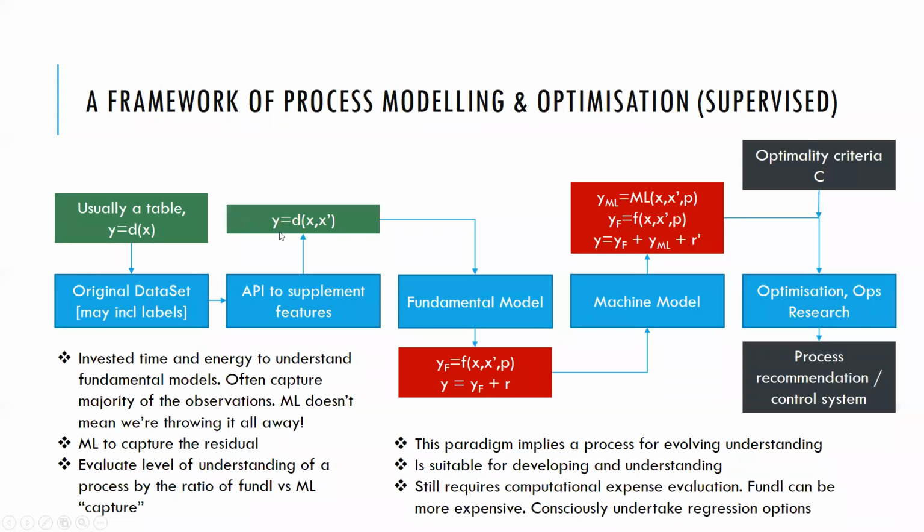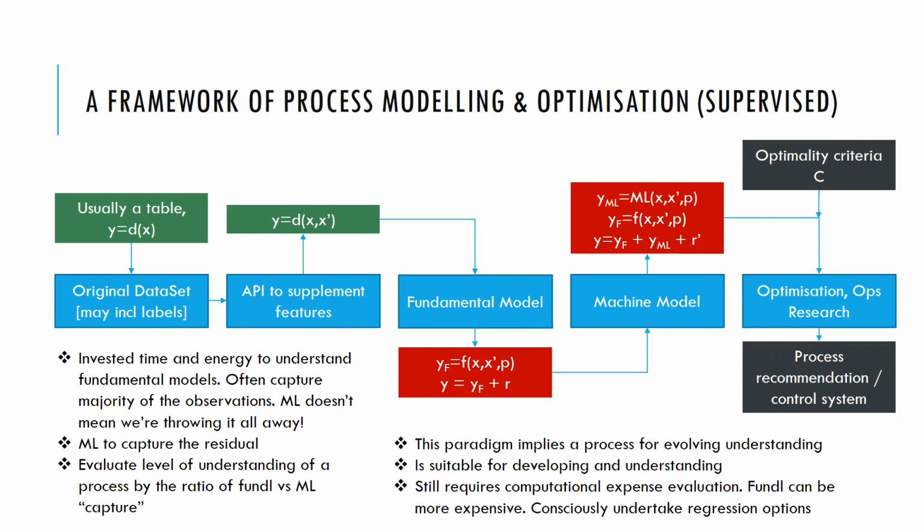So now we have some columns which we expect to give us a much better correlation with the output. The next question is then, how do we create that model? At the moment, we just have a data set. So to create the model, we can start with our fundamental model. In this framework, I'm suggesting that we start with the fundamental model.